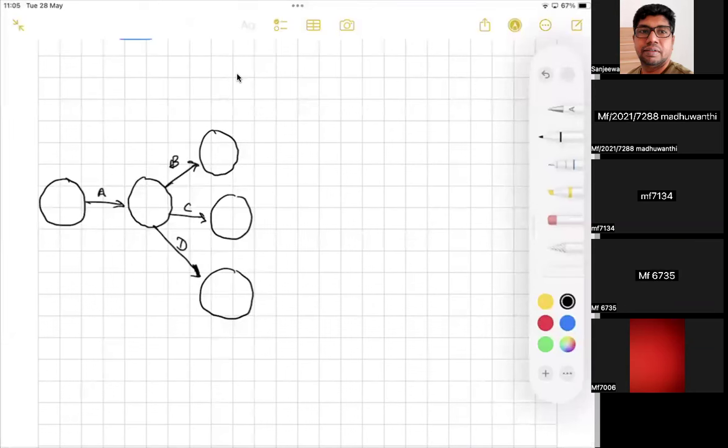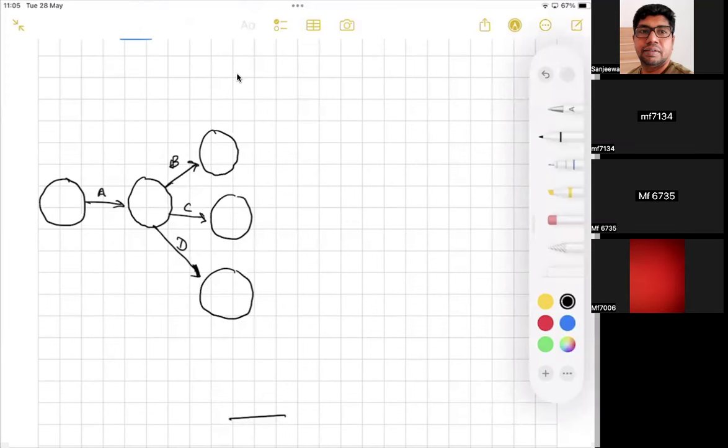In some cases, we have seen, when we are doing paper marking, the arrowhead is missing. They are just putting a line. It's wrong, right? Then you should put the arrowhead also to show an activity.